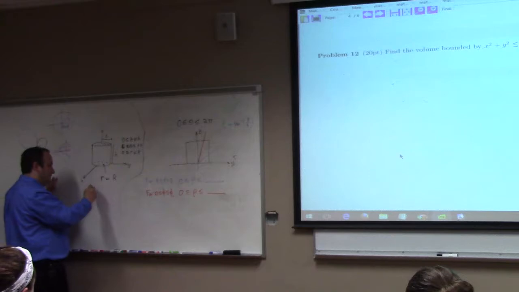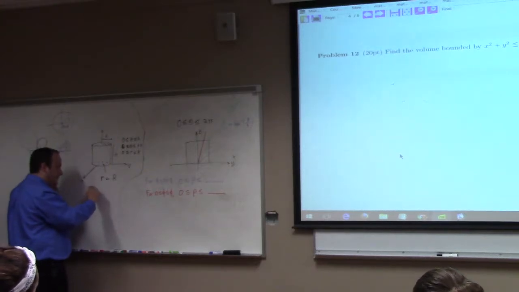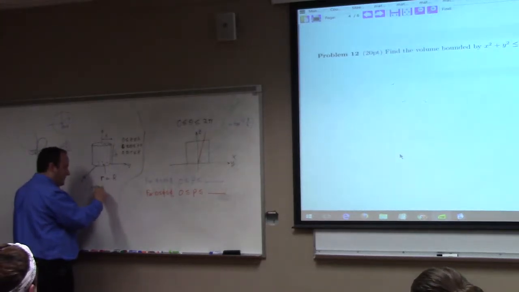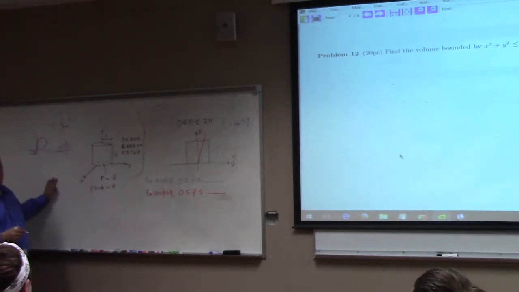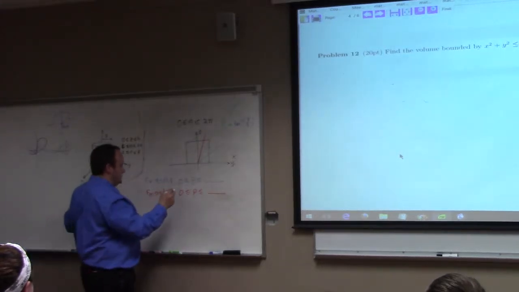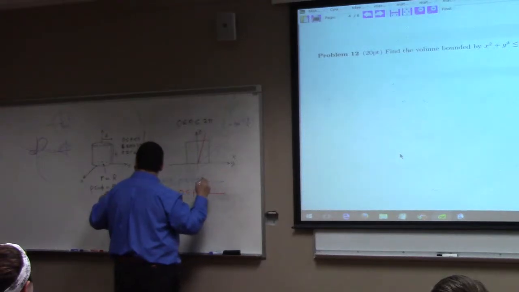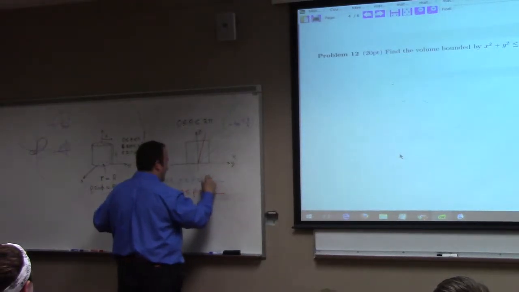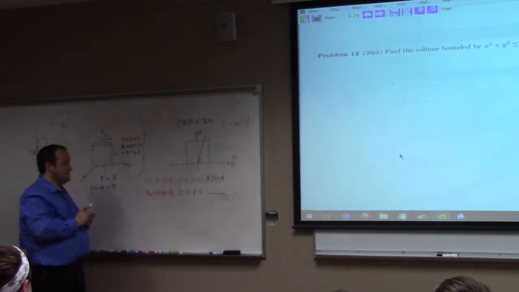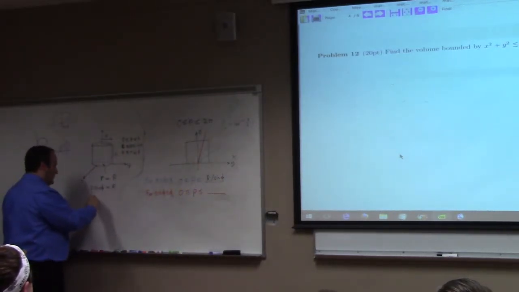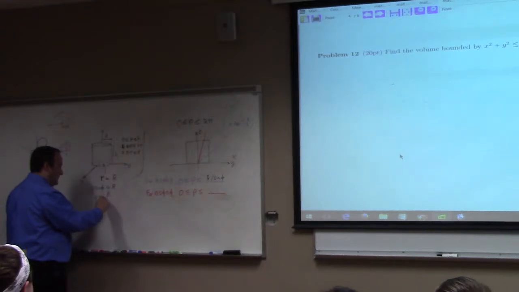Remember, it's rho sine phi, right? So that does it for the blue one. For the blue one, I just put, I think, R over sine phi, right? See, because rho is equal to R over sine phi.